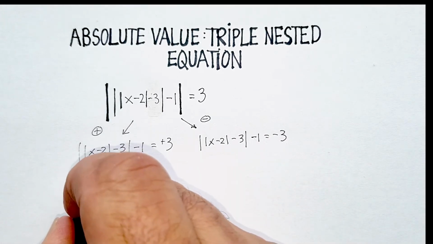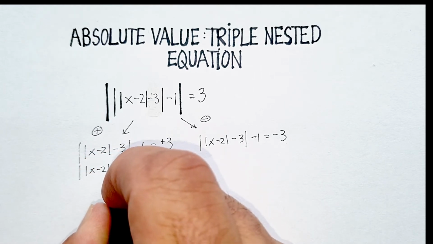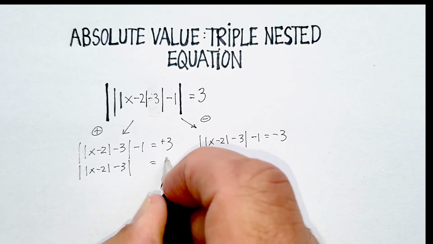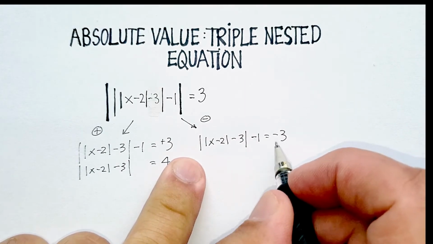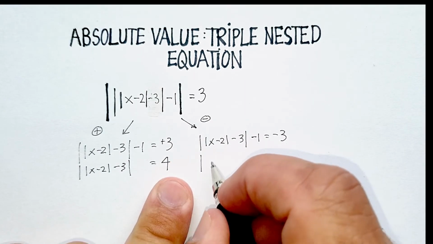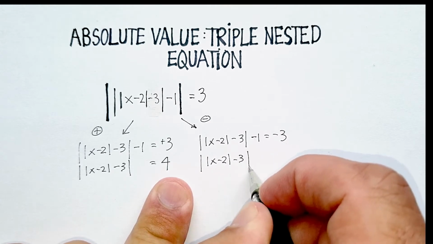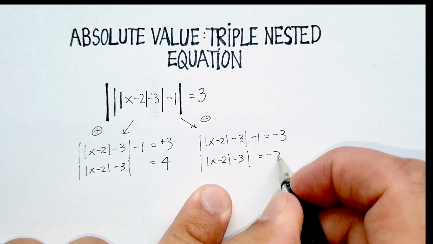So again, absolute value x minus 2 minus 3, add 1 to both sides, and then with a positive 4 over here, add the negative 1 to this side, x minus 2 minus 3, add 1 to this side, and I end up with a negative 2.